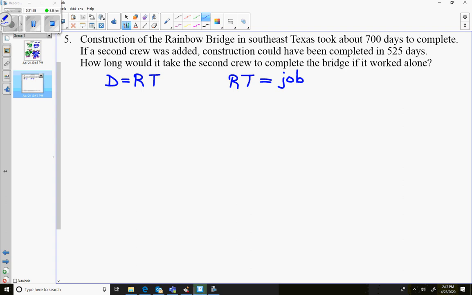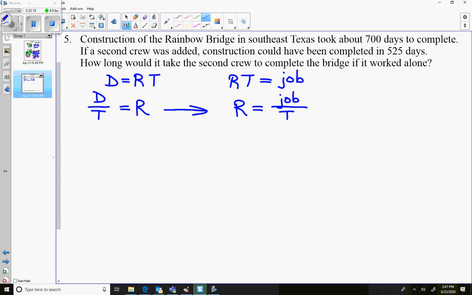Also, if you were to manipulate this and solve it for rate, you would divide both sides by time. So my rate is distance divided by time. That also correlates over here: my rate is actually going to be the job divided by time. That's going to be important in just a second. This type of problem, I call two people working together.